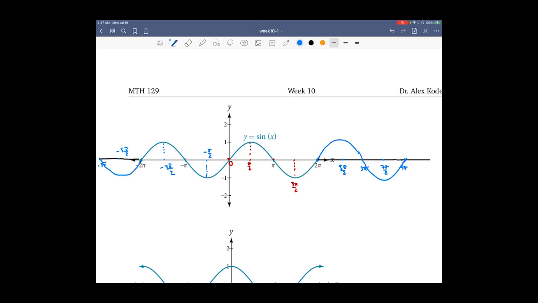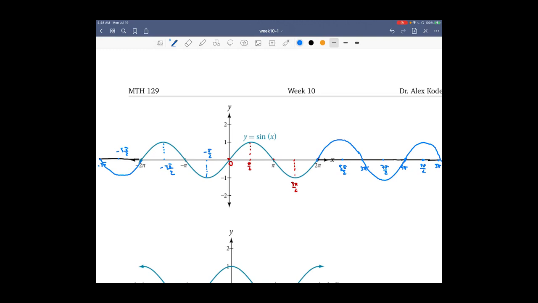And so on. This here, of course, will be next one. Say this is 5 pi, and then this is 9 pi over 2. And you can continue in either direction as far as you want. This, therefore, is the graph of sine x.